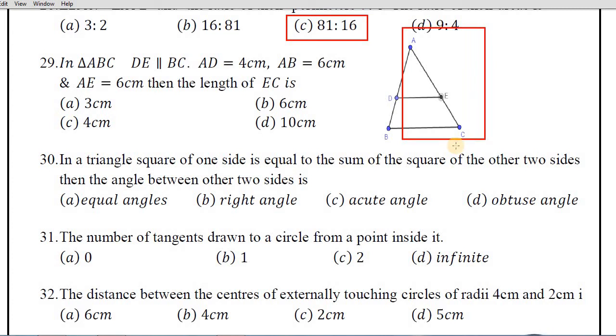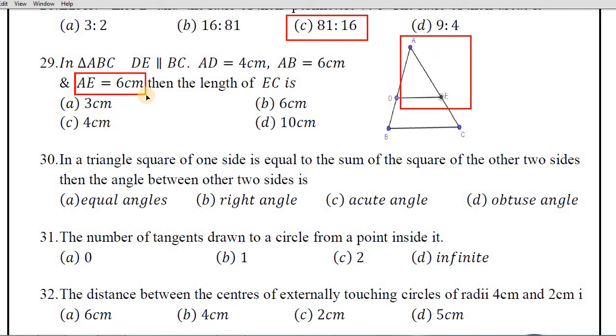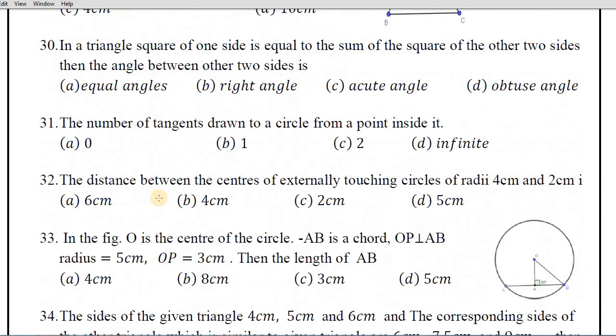AC you will get as 9 centimeter. But AE is given, that is 6 centimeter. From 9 centimeter, if you subtract the 6 centimeter, we will get EC, that equals 3 centimeter. Hence, for this question, the right option is option A, 3 centimeter. Next, let us take another question.